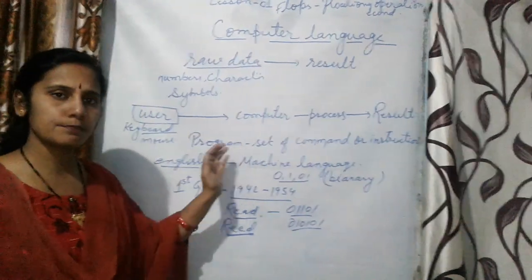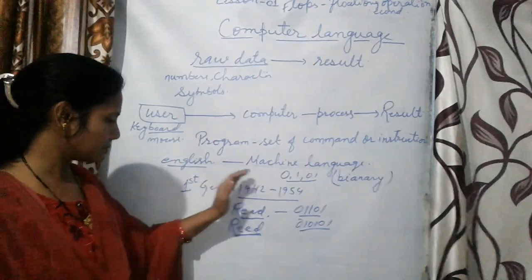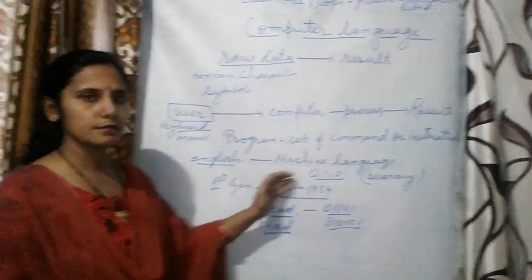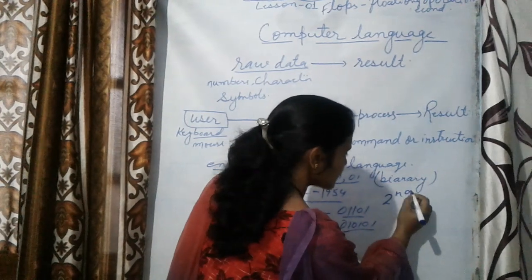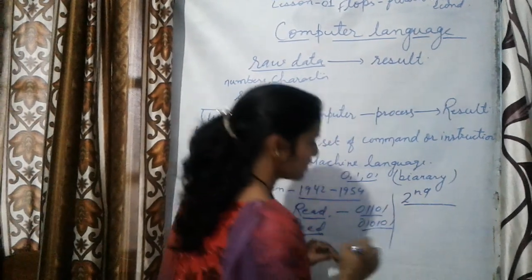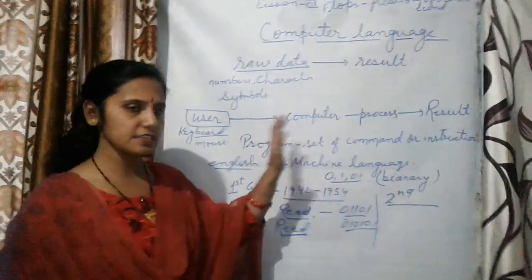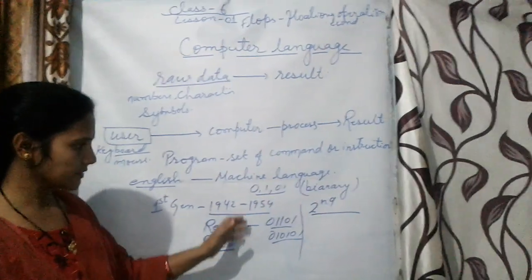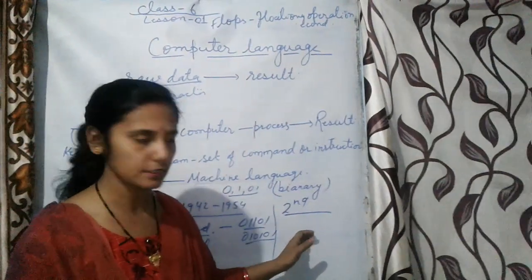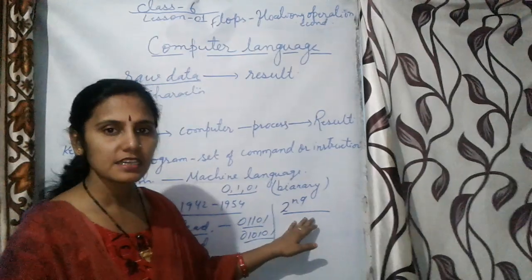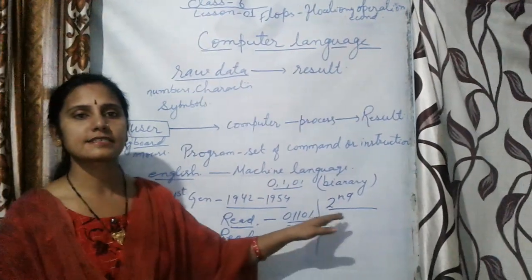So after these problems and difficulties, the programmers developed a new generation of language, that is the second generation language. To overcome this problem, in the second generation, the programmers used an assembler.